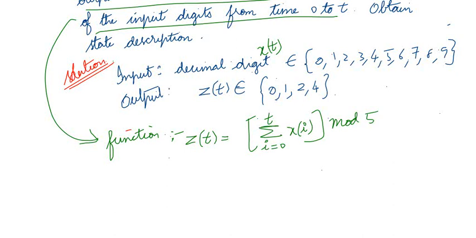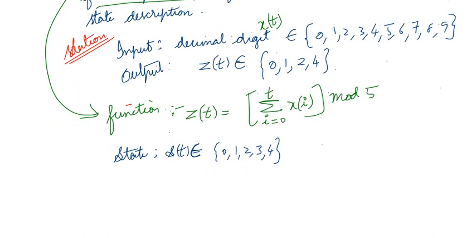The states I can take as S of t belongs to 0, 1, 2, 3, 4. That's the state set. The initial state I am starting from is 0.